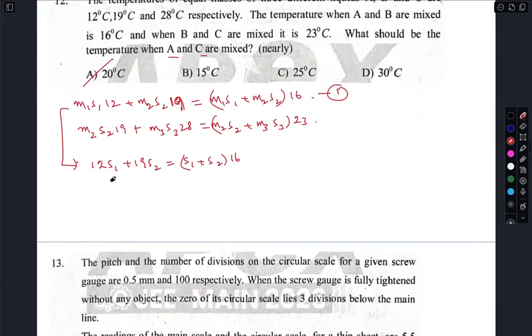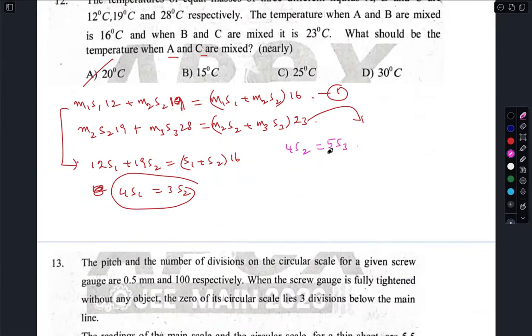So 12 goes to that side, 4S1 is equal to 3S2. I got one relation from here. I require one more relation from here. 19S2 plus 28S3 is equal to 23 times S2 plus S3. So 4S2 is equal to 5S3.